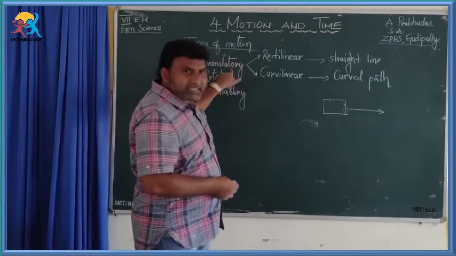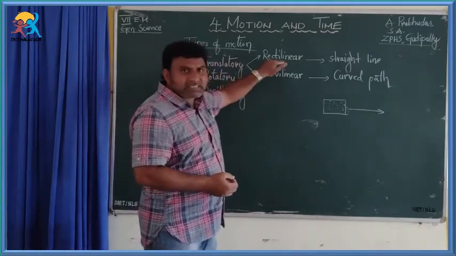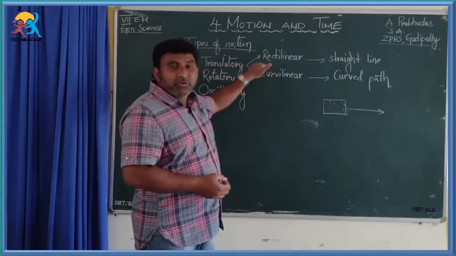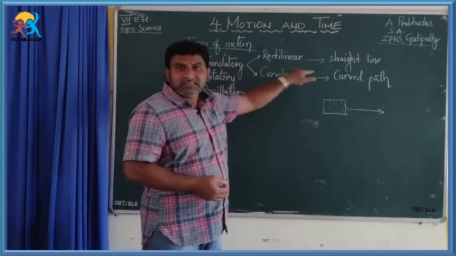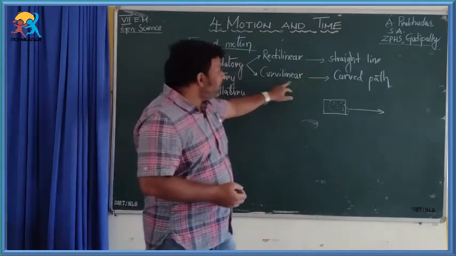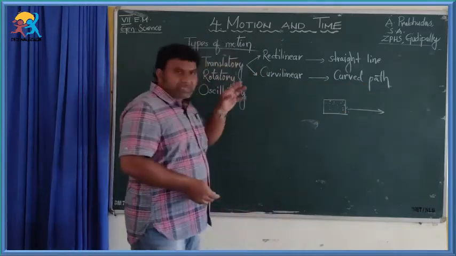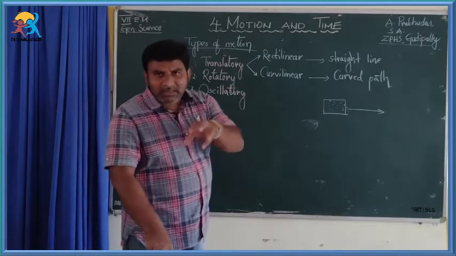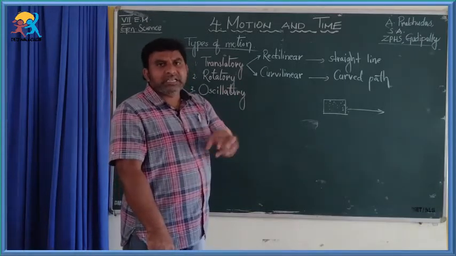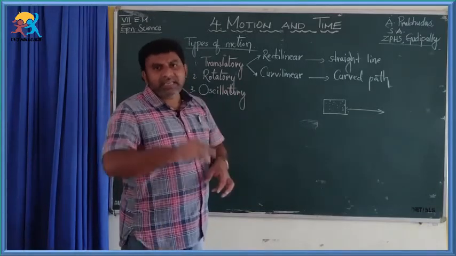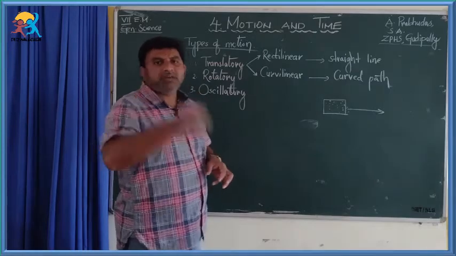Previously, in translatory motion, the particles move in a straight line or in a curved path, but here in rotatory motion, all the particles present in a moving object move in circular paths.